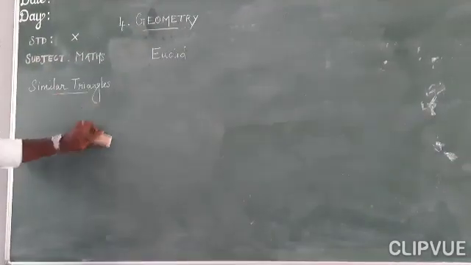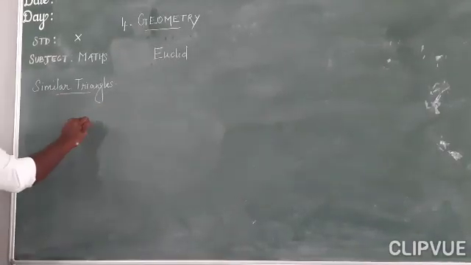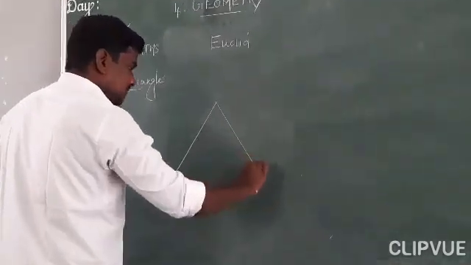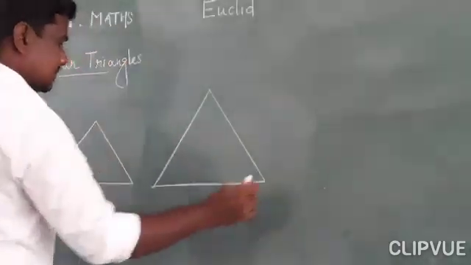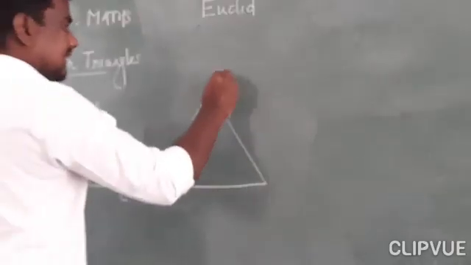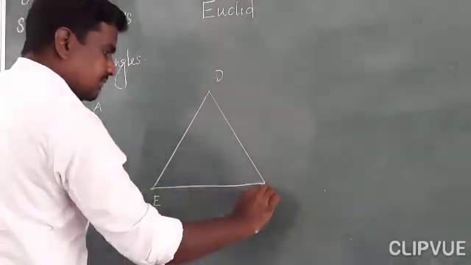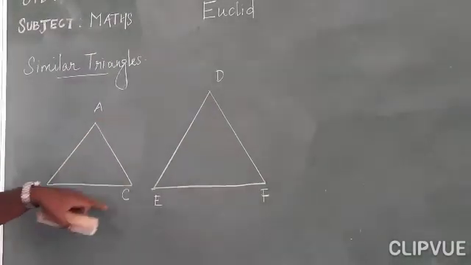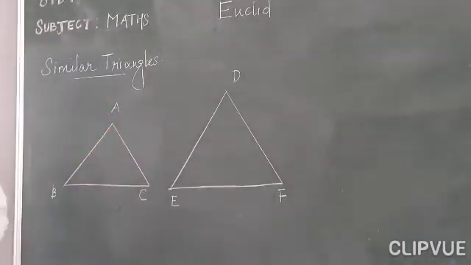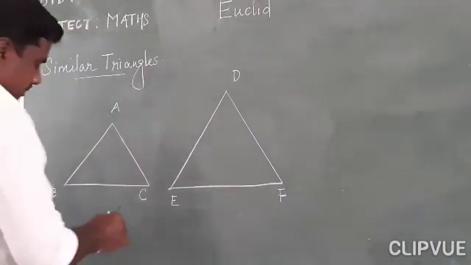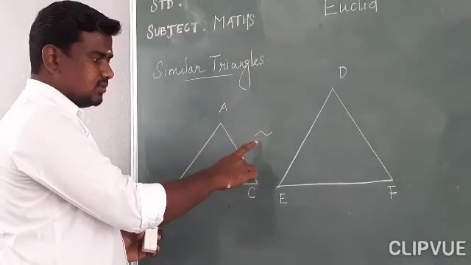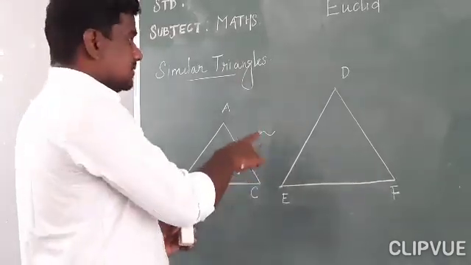Similar triangles. Now I am going to take two triangles, namely A, B, C and D, E, F. The name of the first triangle is ABC and the name of the second is DEF. If the two triangles are similar, we use the symbol like this to denote similar.